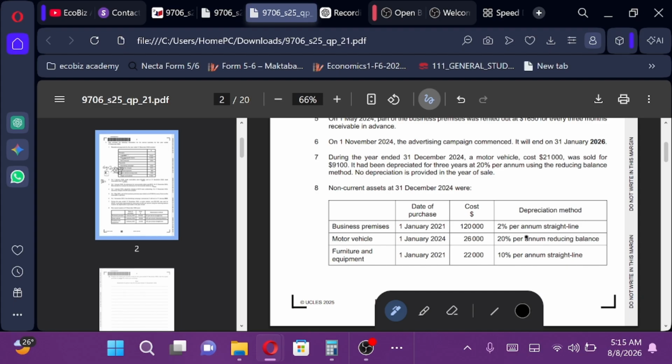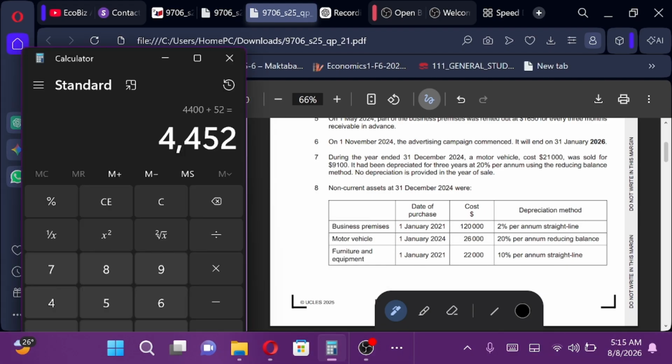So for example, in this question we have the total cost for 2021, which is 120,000. So hopefully you've learned that to find the depreciation, we take the formula, which is cost minus scrap value, divided by the number of years.